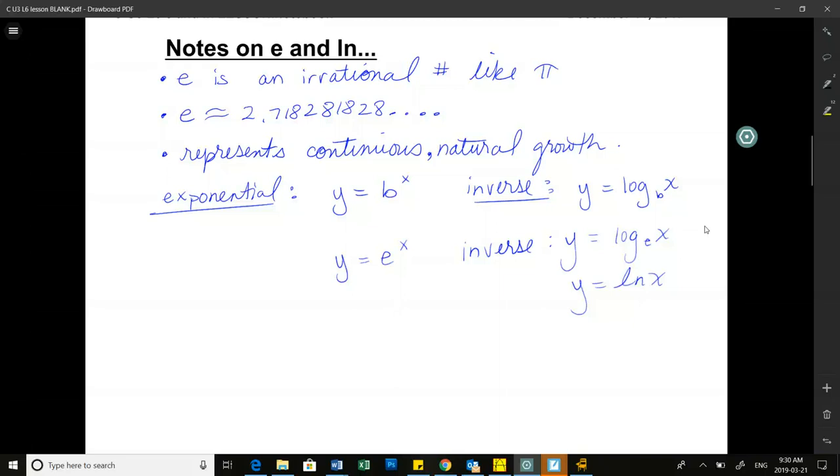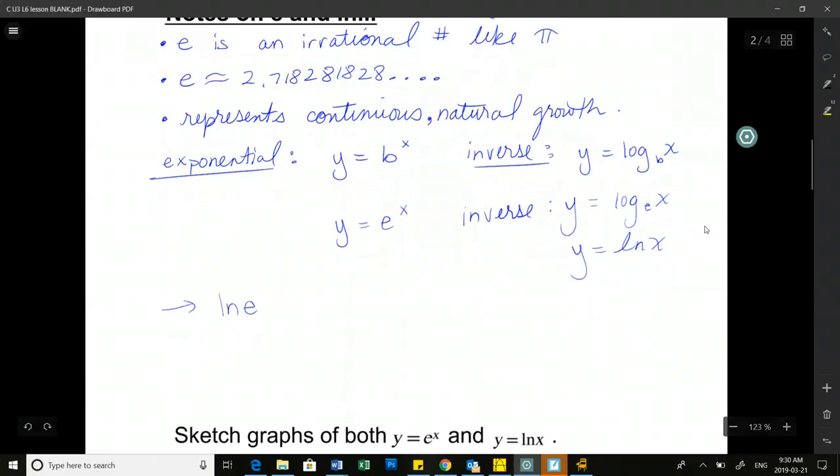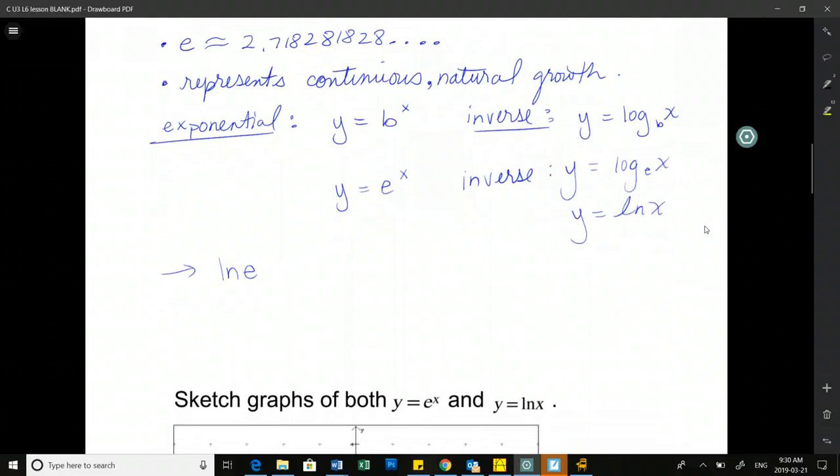Some other little notes that you may want to remember: if I have the ln of e, when we talk about logarithms, logarithms are asking the question, the base of that logarithm to what exponent gives me this value right here.